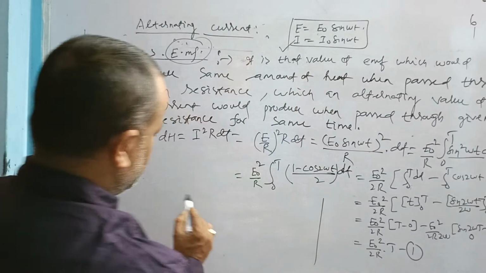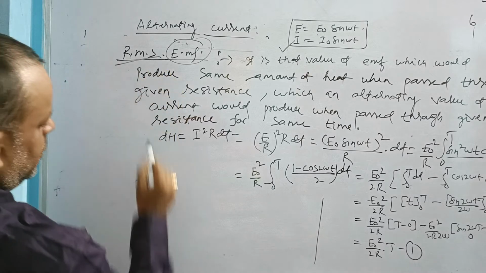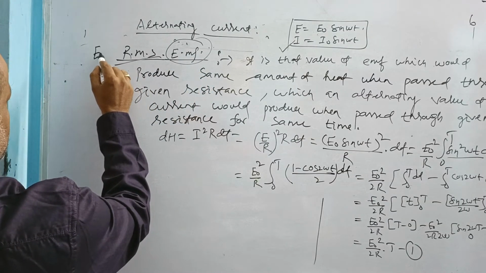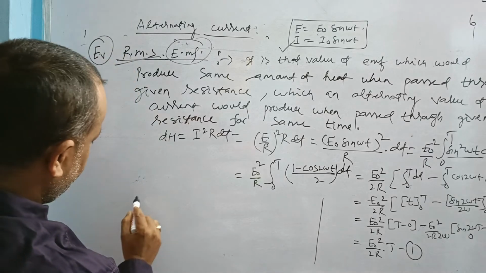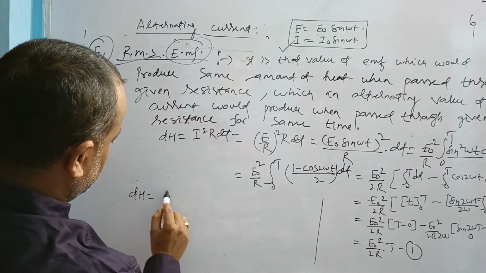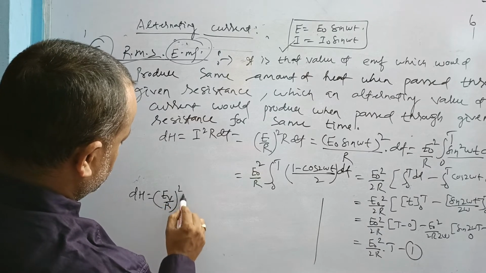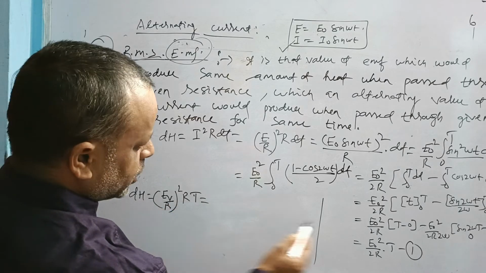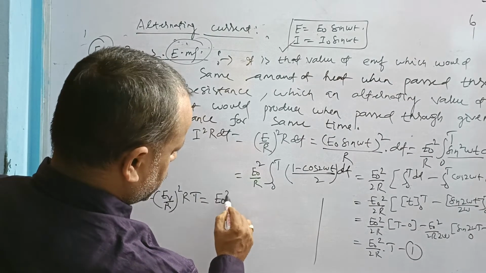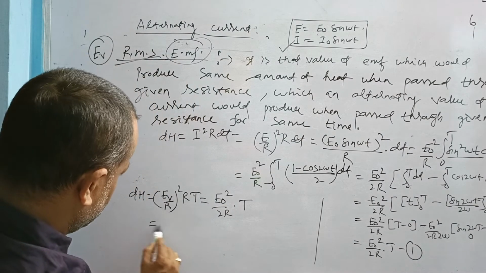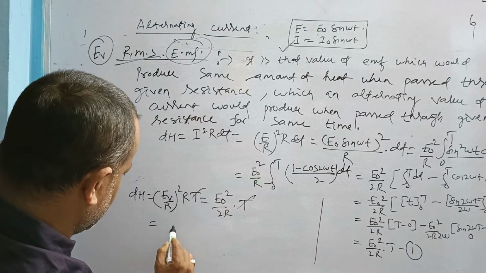Again, what we will do is go for the RMS value, that is EV. Heat production due to the RMS value of the EMF is (EV upon R) whole square into R into T, which is equivalent to E naught square upon 2R into T. So we see that this T gets cancelled out.